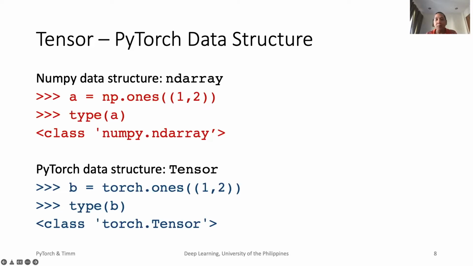In this example, we show the data structure class name by calling type. In PyTorch, input and output data are represented by tensor. Model parameters are also represented in tensor. All important computations like inference, gradients, and loss are expressed in terms of tensor.